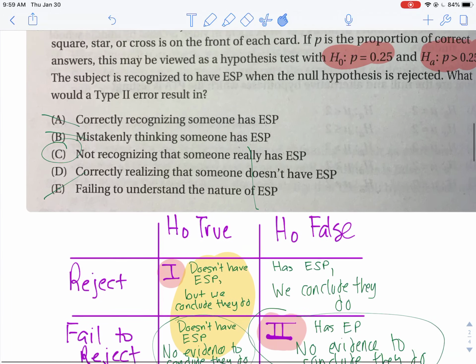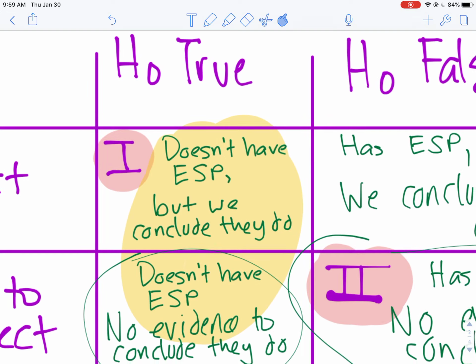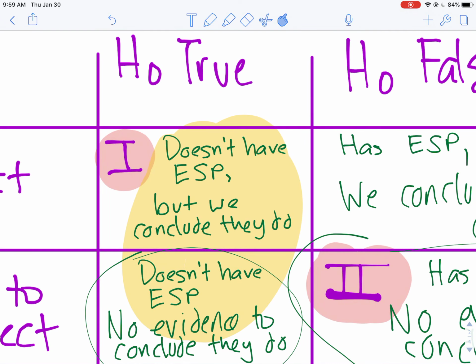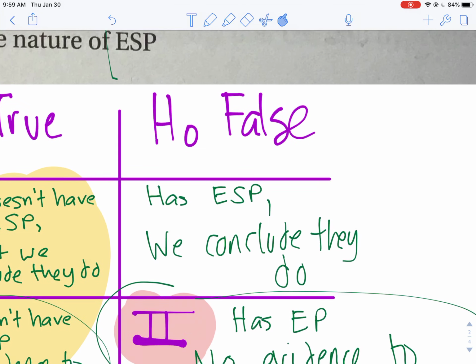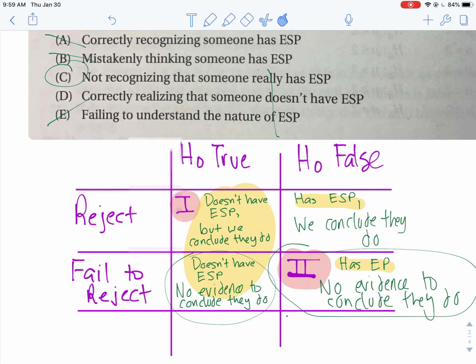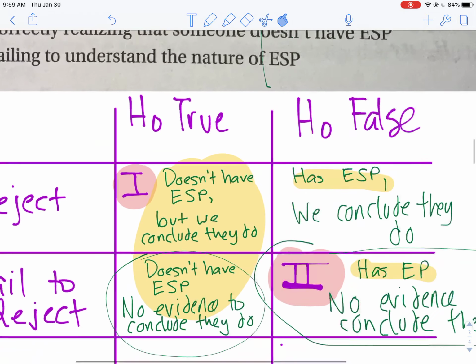So again, you've got fail to reject, you've got reject, you've got your null being true and your null being false. What I did was I started out with the null being true. It means they don't have ESP. Filled that in. False means they have ESP. I filled that in. You'll notice in each of these columns here. And then rejecting means we conclude they have ESP.